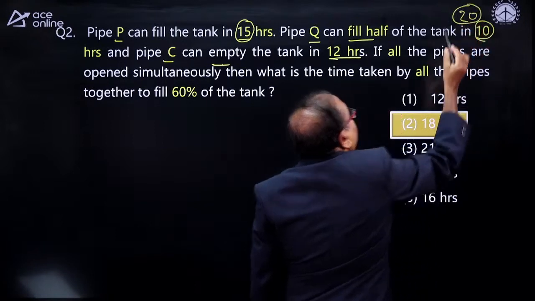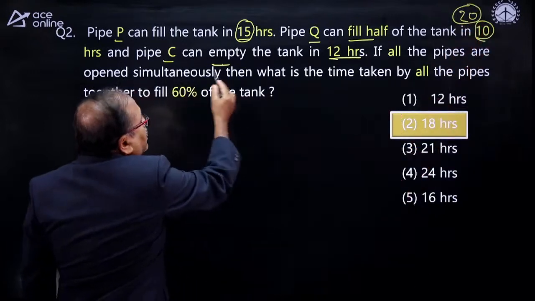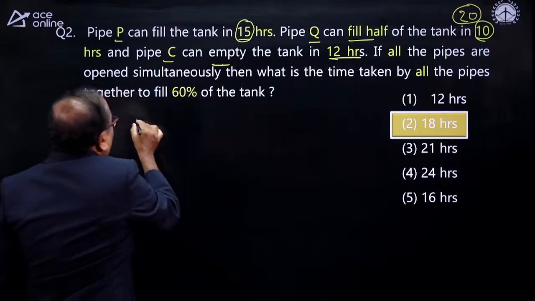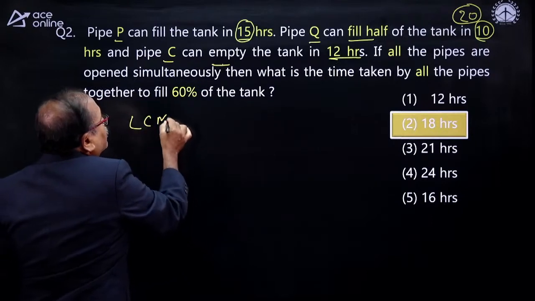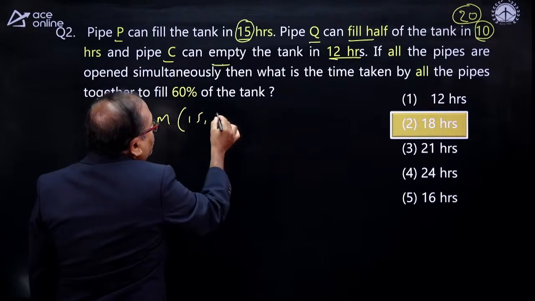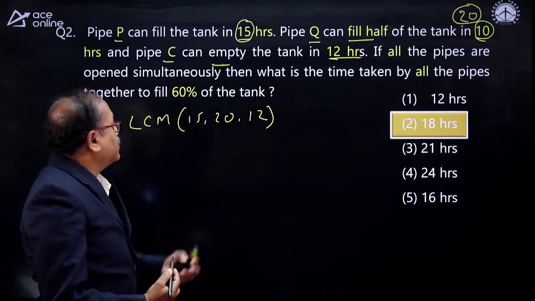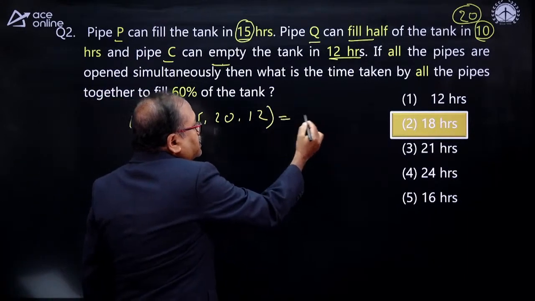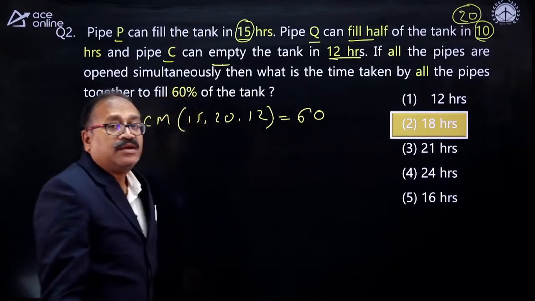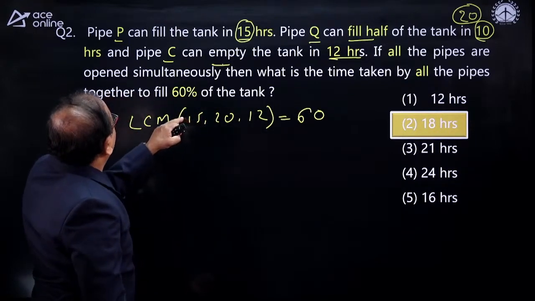That means full in 20 hours. And C can empty in 12 hours. So I will be taking the LCM of 15, 20 and 12. And for 15, 20 and 12, we know the LCM will be 60. Is that right?